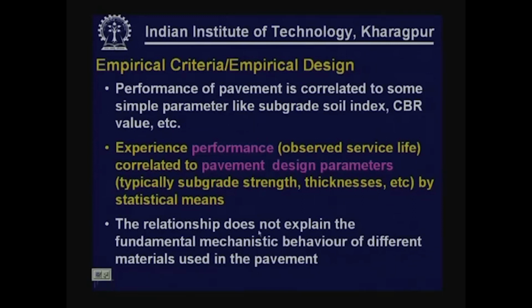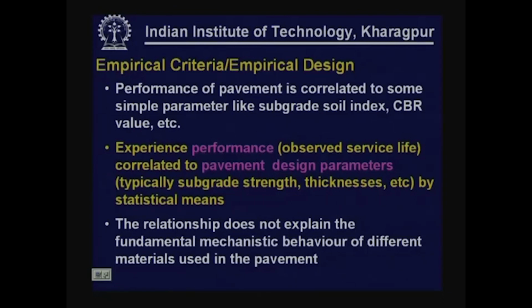The relationship does not explain the fundamental mechanistic behavior of different materials used in the pavement. We normally take some simple parameters which really do not explain, for example, the California bearing ratio or the liquid limit or some other parameter of subgrade.